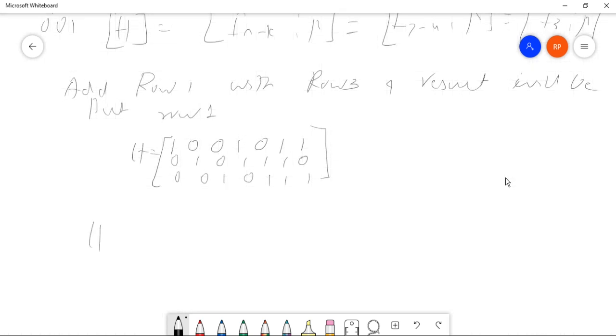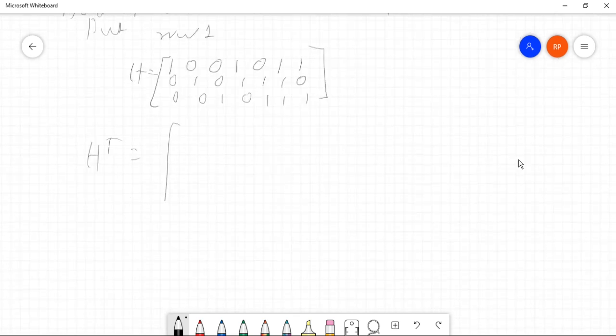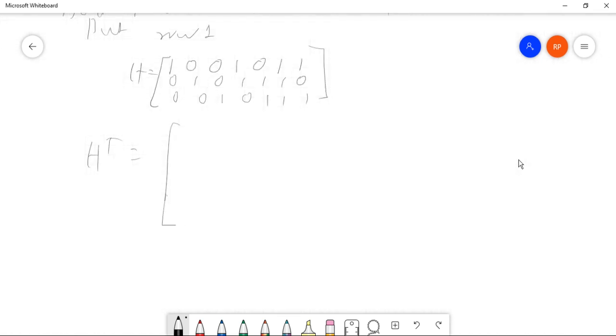So let us take the transpose of it. If I take the transpose of this matrix, the first row will become the first column. So this is my H transpose matrix.